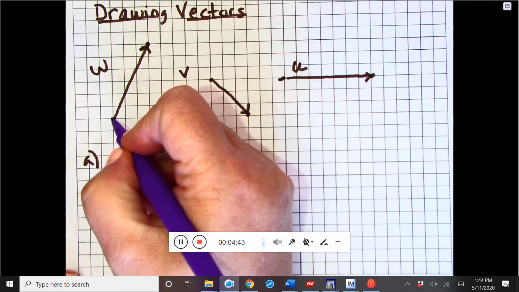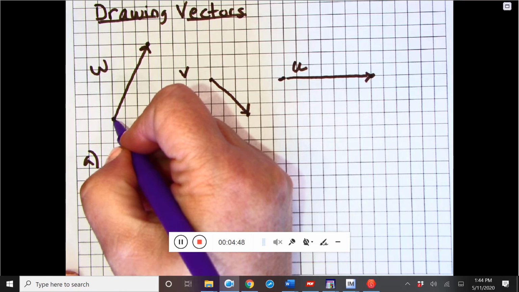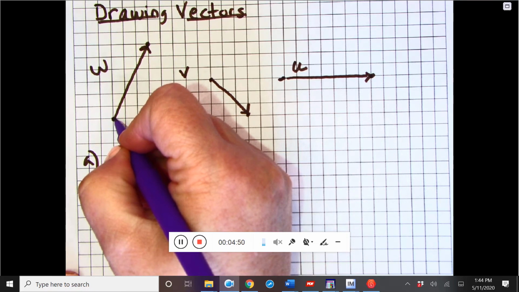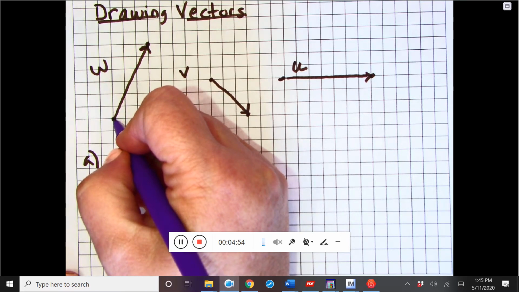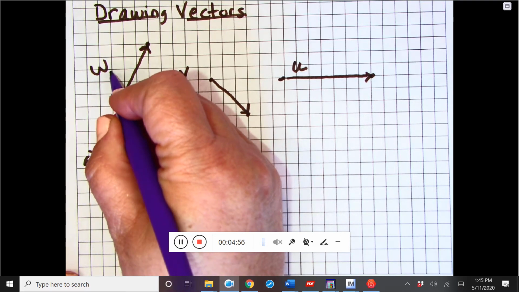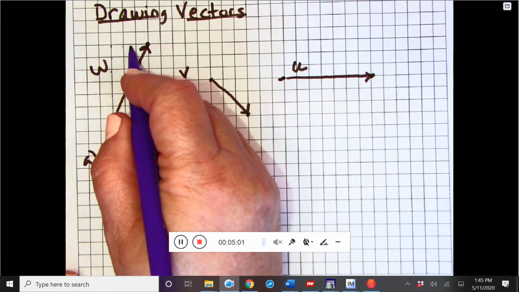Vector W starts at its initial point here, and this is its terminal point, and I look at the rise and the run. It rises 1, 2, 3, 4, 5, 6, and runs 1, 2, 3.